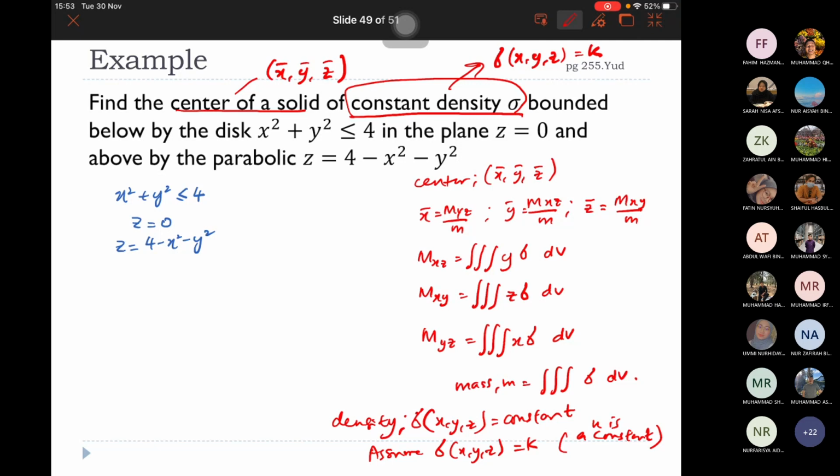Boleh salin dulu all that thing. Nanti saya nak tunjuk. So cuba sketch dia punya solid. Cuba buat dia punya sketch. Sketch the solid. What will be the form of the solid?